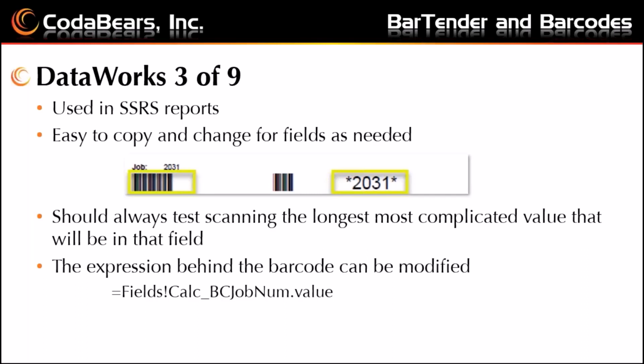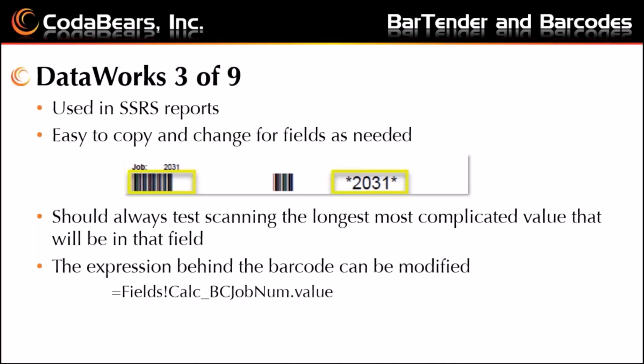So the example here is a custom job traveler report, which shows the job number barcoded and the job number field using the Arial font. Notice the asterisk before and after. For scanning DW39, you need to have the starting and ending asterisk in your SSRS expressions.